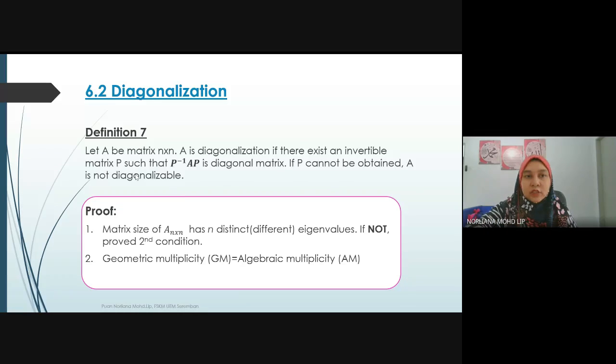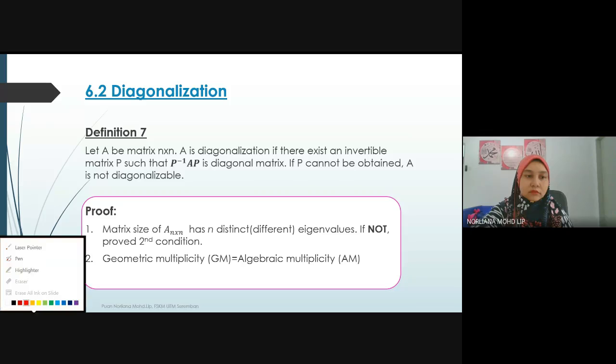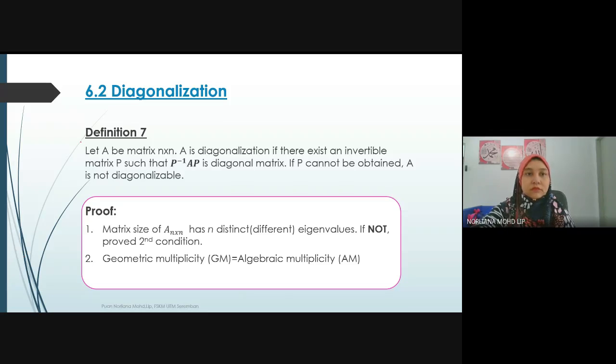Okay, so based on definition 7, diagonalizable. Let A be a square matrix n times n.